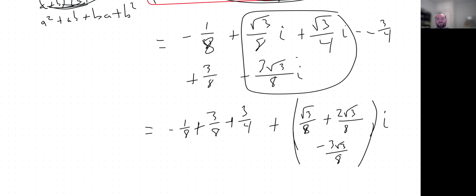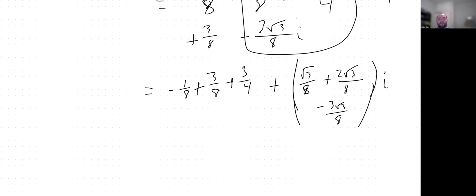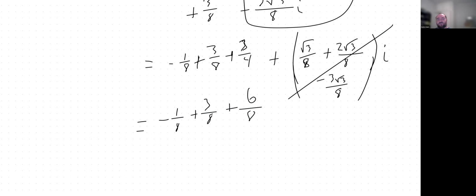Square root 3 over 8, 2 square root 3 over 8, and then minus 3 square root 3 over 8. That all cancels out. Nice. Now, minus 1/8 plus 3/8 plus how many eighths? This is 3/4, which is 6/8. So this will be minus 1 plus 3 plus 6 over 8.